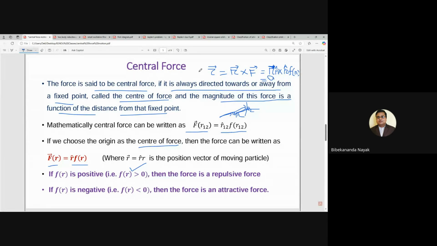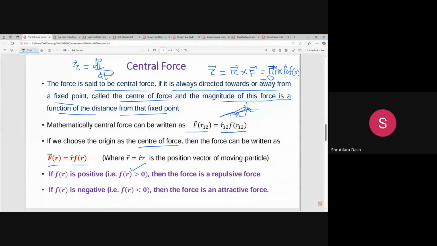Torque 0 means what is conserved? If the total torque acting on a system is 0, then which quantity becomes constant? We have already discussed torque is equal to dL by dt. What is L? Angular momentum.